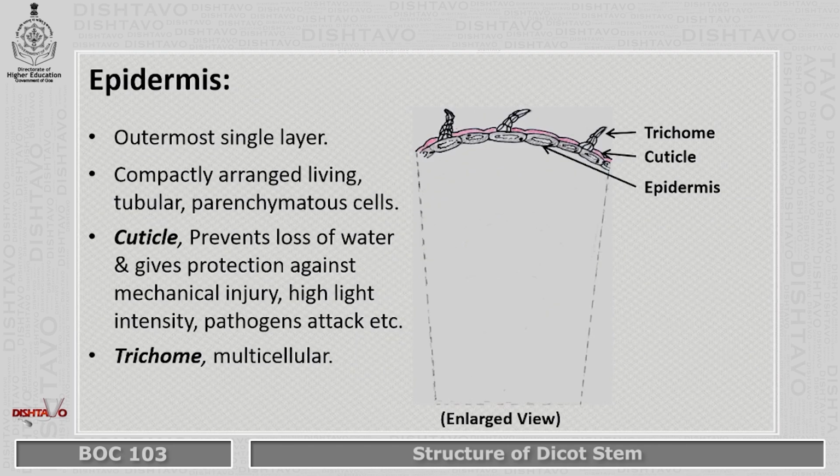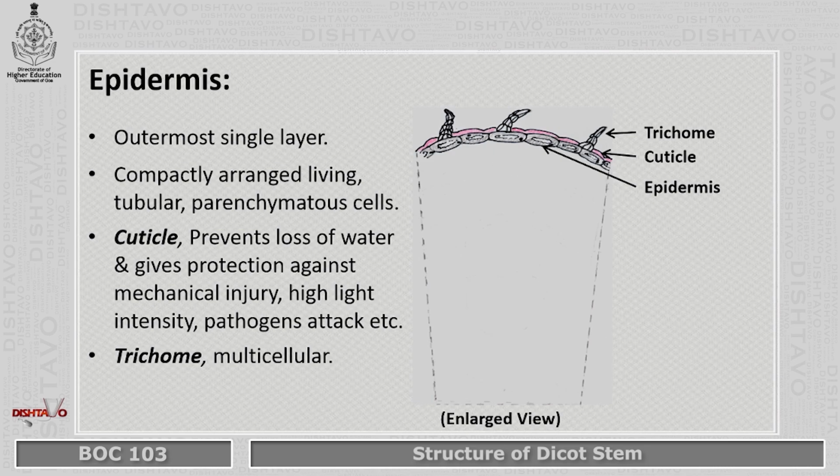bundles. When we look at the enlarged view or cellular representation of the section of dicot stem, we see outermost layer as epidermis. This epidermis is made up of compactly arranged living tubular parenchymatous cells. On its surface, there is presence of a waxy coating of cutin, which is called cuticle.